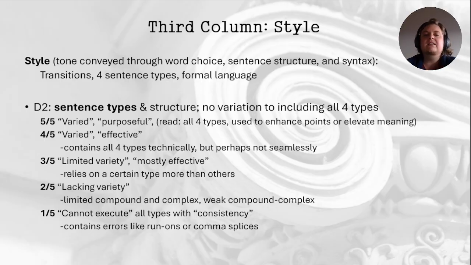So using varied sentence types to achieve different ends. For instance, the construction of your 3-point thesis statement would be an example of probably a compound complex sentence, and being able to really nail the use of that Oxford comma in there is a purposeful use of that type of sentence in order to elevate your meaning and clarify your argument.